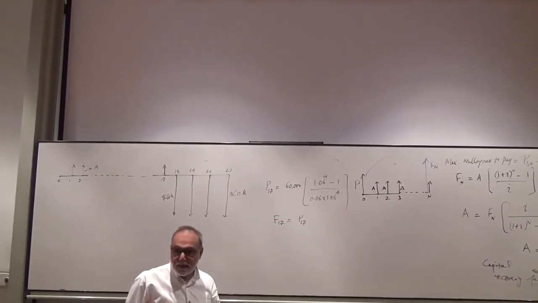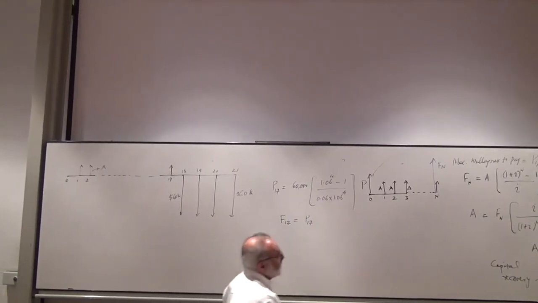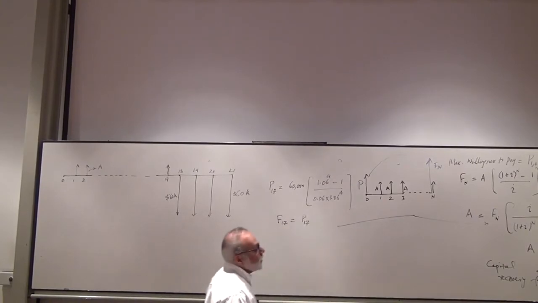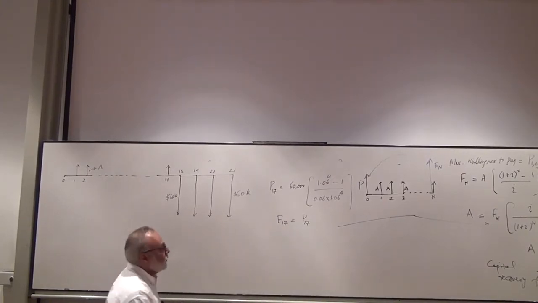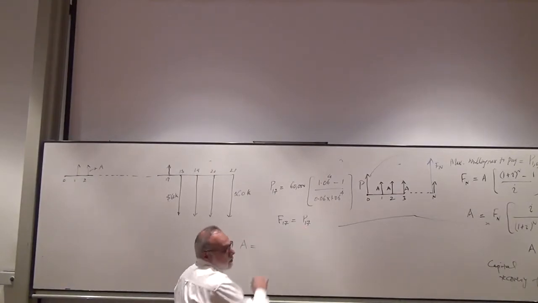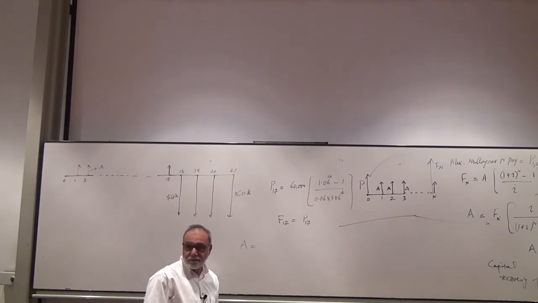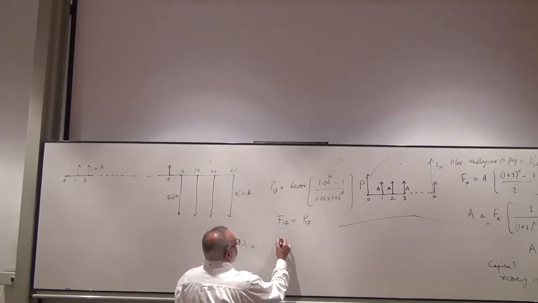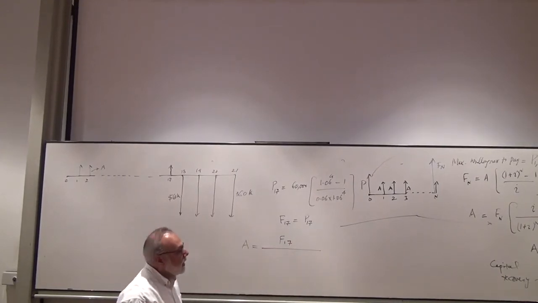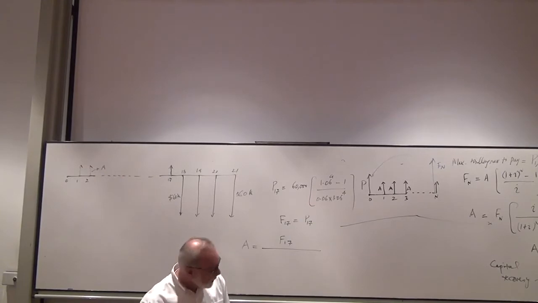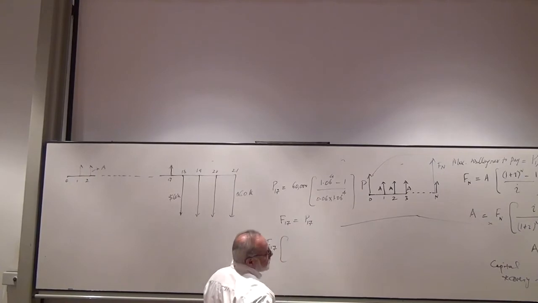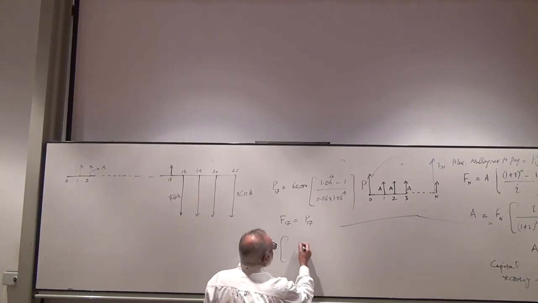Using this formula to find out A, A is equal to F17, and we have this sinking fund factor.